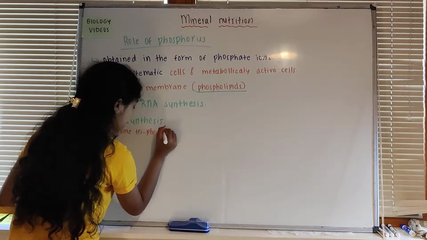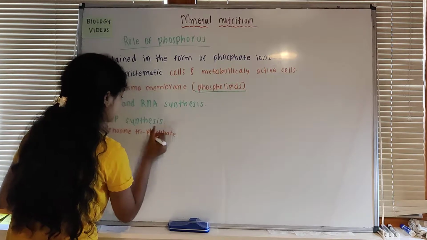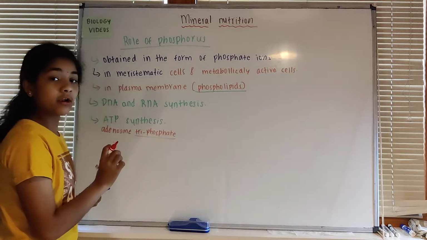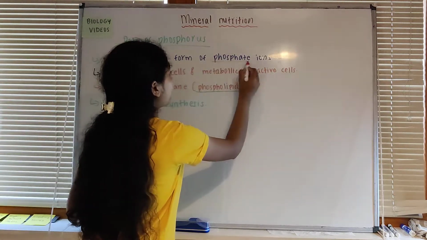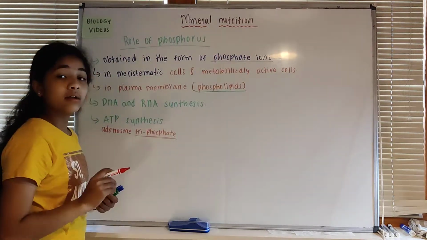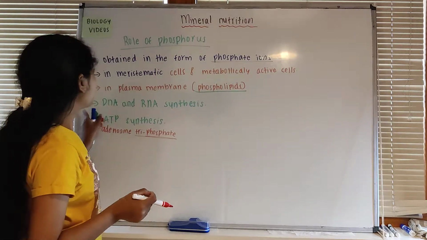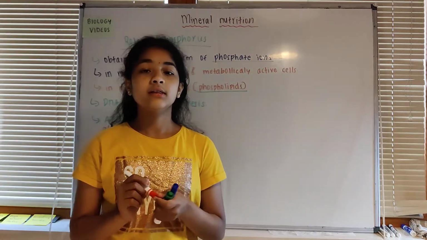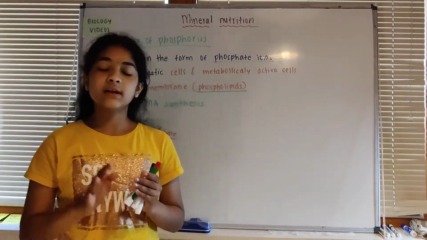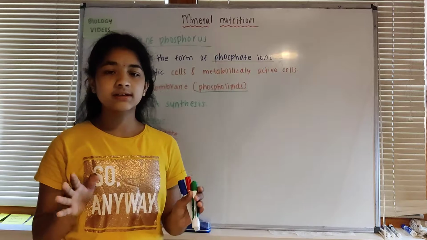Triphosphate means there are three phosphate molecules. Phosphate is obtained in the form of phosphate ions, which come from the element phosphorus. So phosphorus is a part of ATP and helps in ATP synthesis. These are some basic roles of phosphorus in plants.